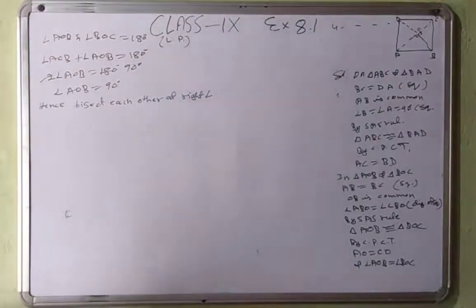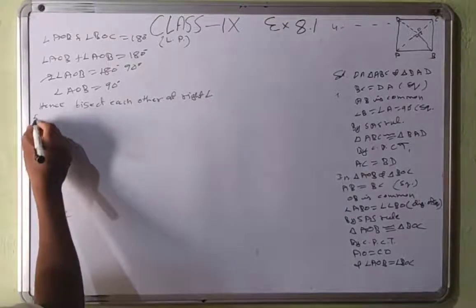Then question number 5: prove that if the diagonals of a quadrilateral are equal and bisect each other at a right angle, then it is a square. So just opposite of question 4.